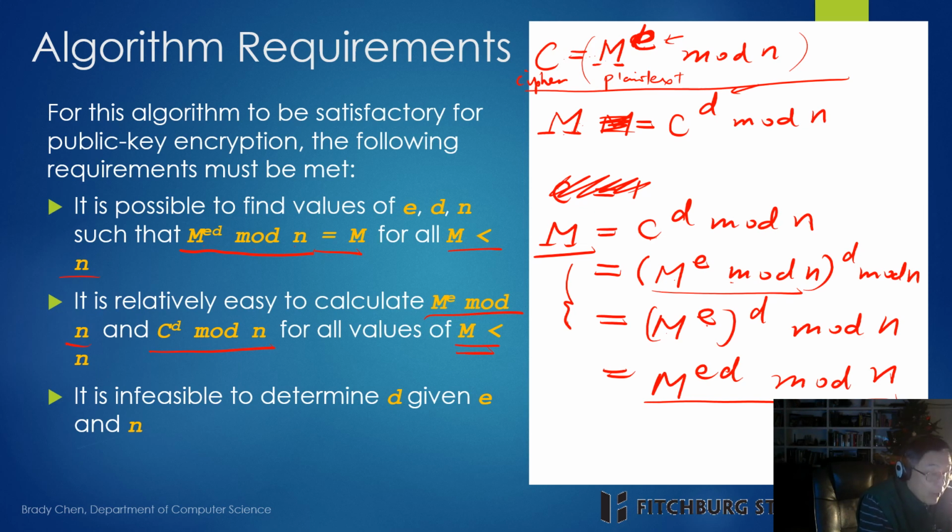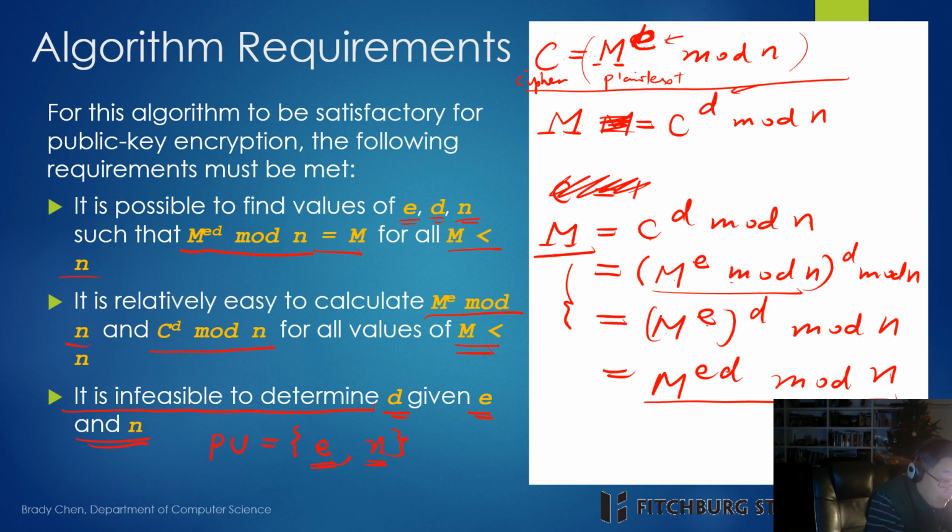However, we should choose N, E and D so that it's infeasible to determine D given E and N. Because remember, we make the public key as E and N, right? So that means the values N and E are known to everyone, because we're going to make these public.